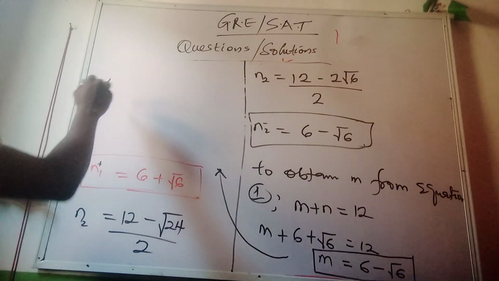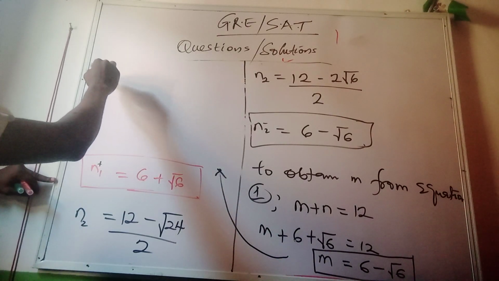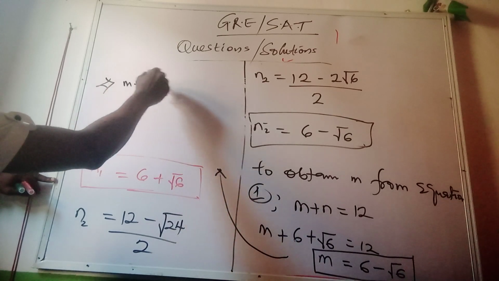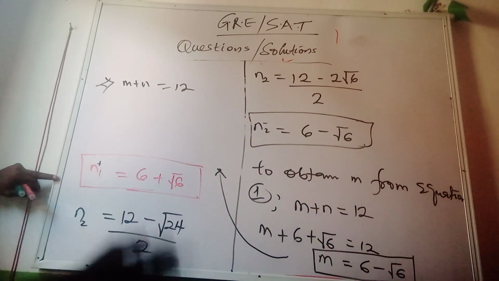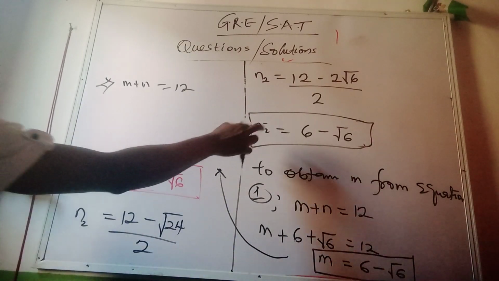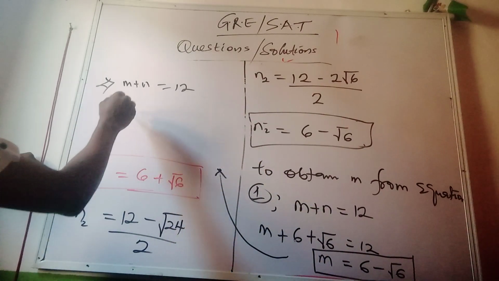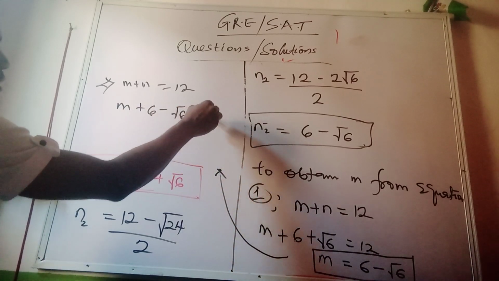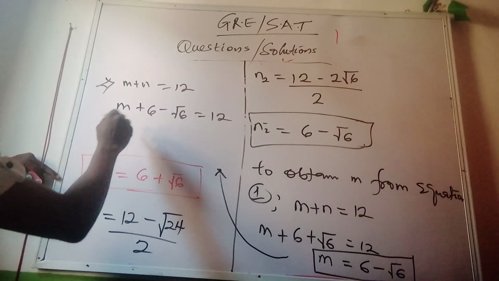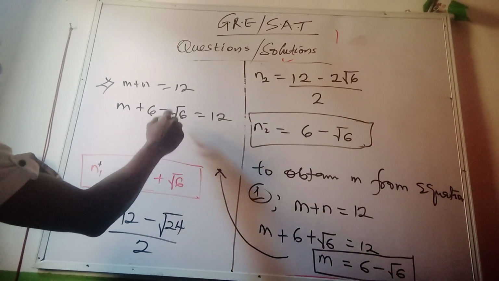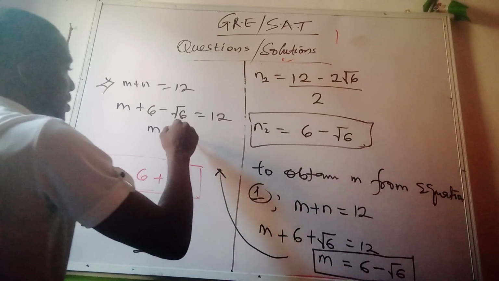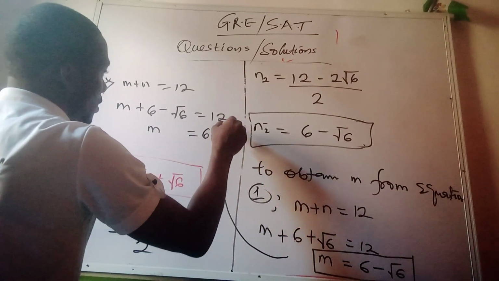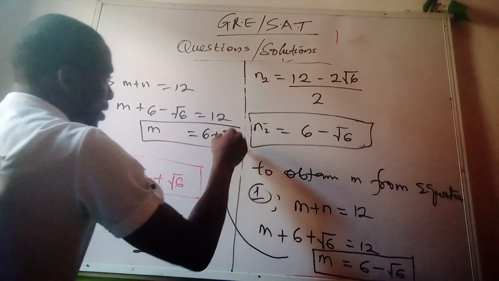So I'm going back to equation 1 again, which says m plus n is equal to 12. Now substitute n again. When n is this, we have m plus 6 minus root 6 is equal to 12. To collect like terms the same way we did, we have m is equal to 6 plus root 6.